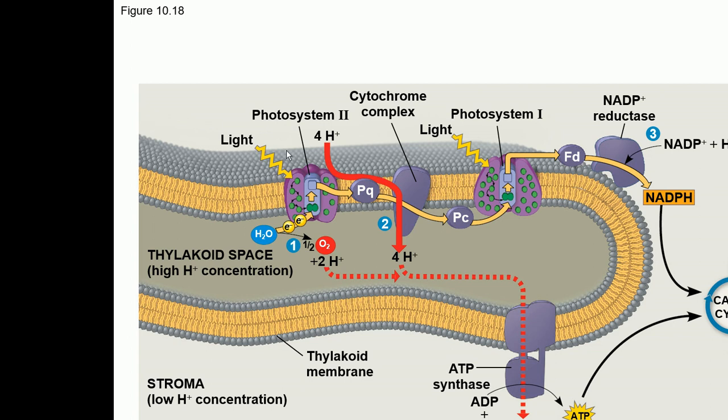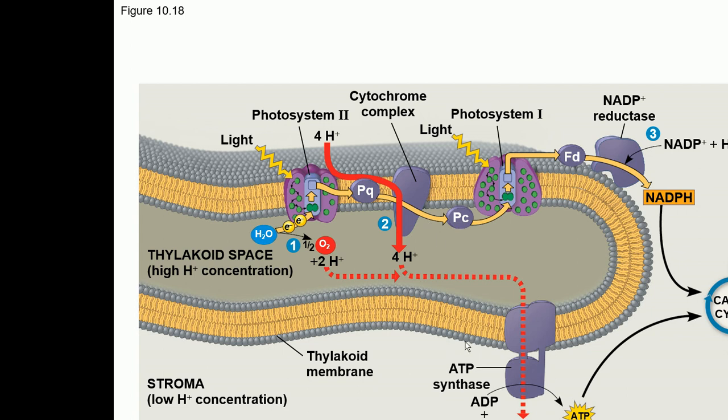The electrons are going to flow through these proteins, and as a result of that, energy will be released, and that energy will be used to pump the protons from this region, stroma, to the thylakoid space, and as a result of that, there is a high concentration of protons in this region, and that results in the formation of a proton gradient. Then the protons diffuse from this region to this region through this protein, and that results in the formation of ATP.